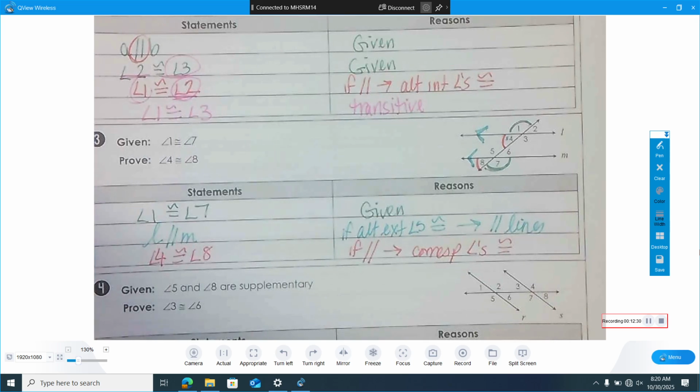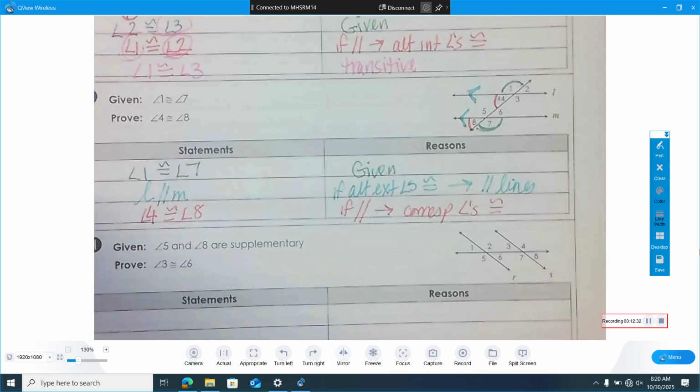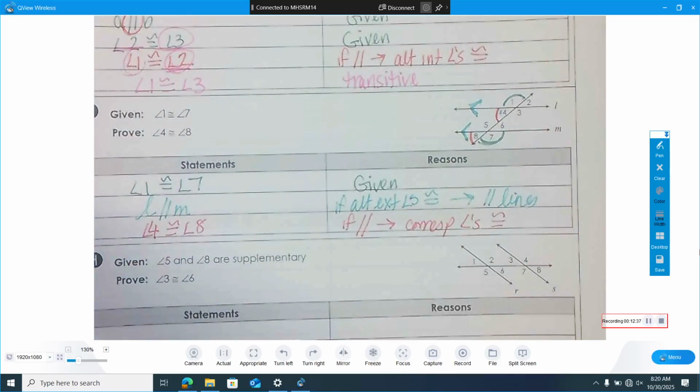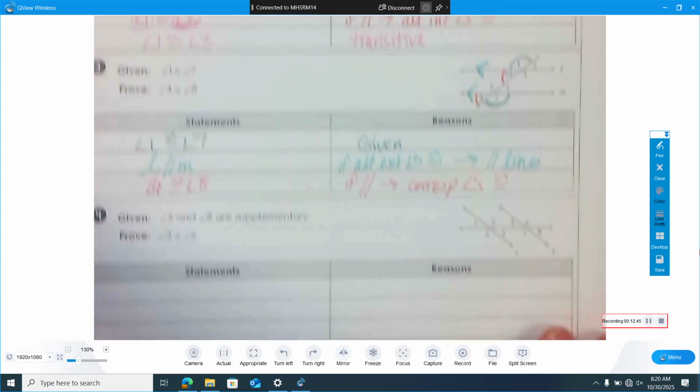So that's sort of how you can think about these proofs. They're going to give us a little piece of information. We're going to have to find some parallel lines, and then we can prove another piece of information. Okay? So that's a good way to go here.